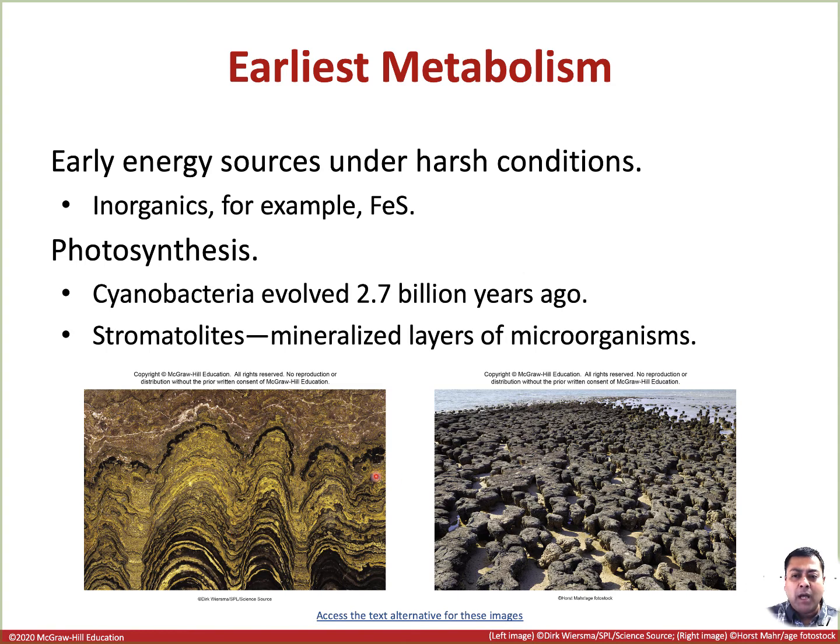So these things that you are seeing are called stromatolites. These are mineralized layers of microorganisms. They are found in many different areas, and we can look at these structures to get an idea about the microbial forms in the ancient world.